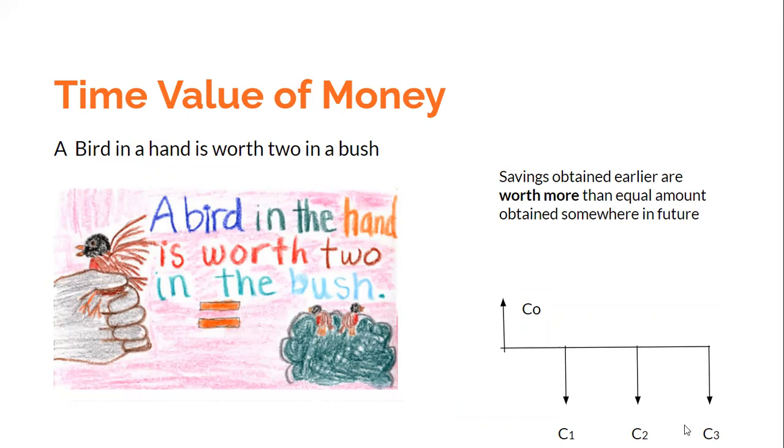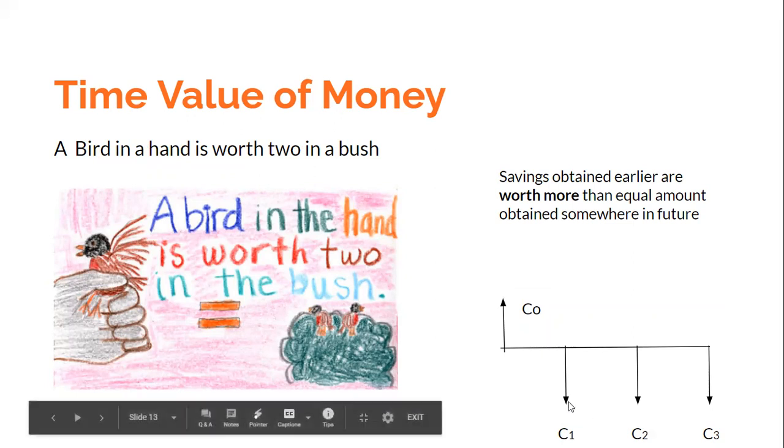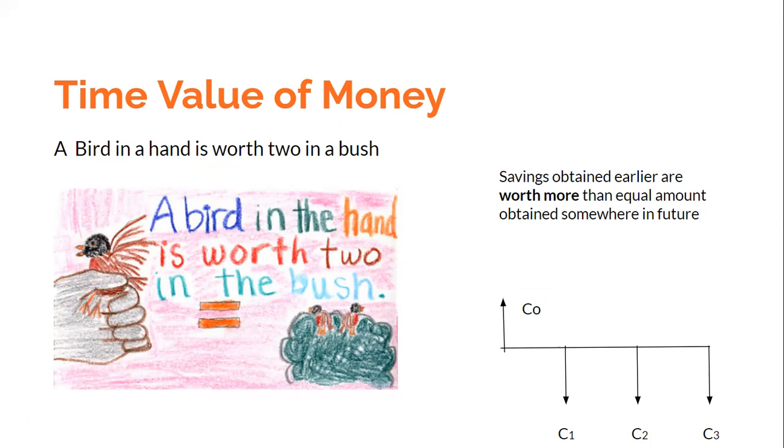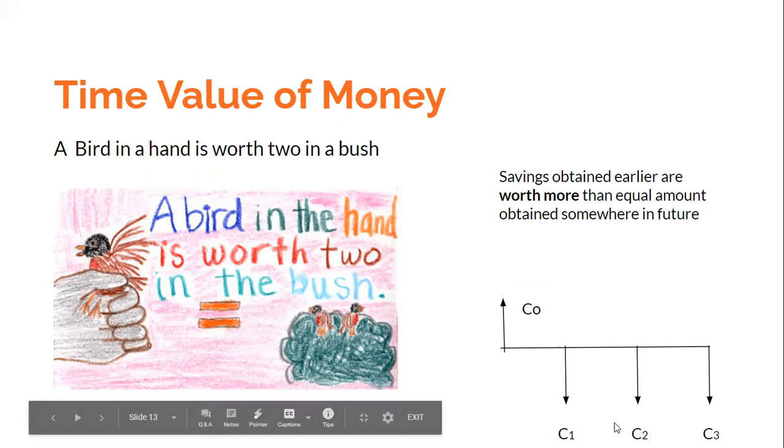Now, somebody would say that the total savings which we are getting is C1 plus C2 plus C3, the algebraic addition of C1, C2 and C3. But in reality, the savings which you would be getting would be less than C1 plus C2 plus C3. Why is that so?